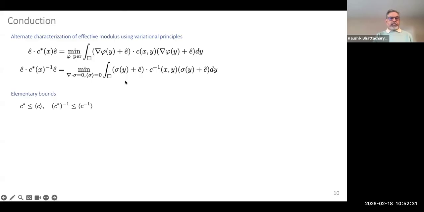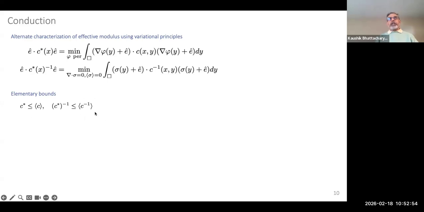And one example of this is that you immediately get a bound that C star is going to be less than or equal to the average of C. So if I just took an average, that would give me an upper bound to what the actual effective property is.